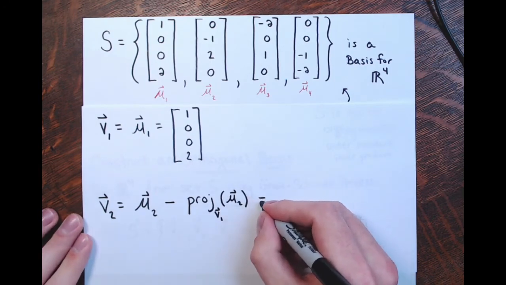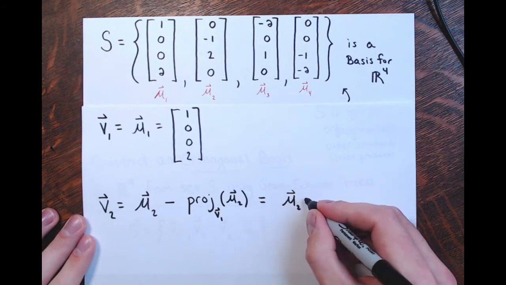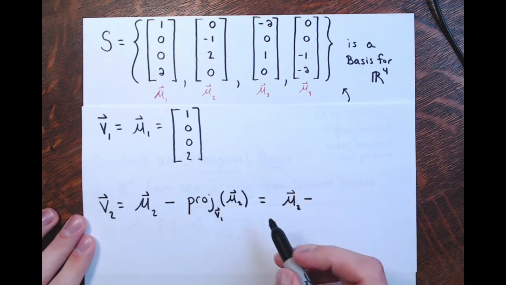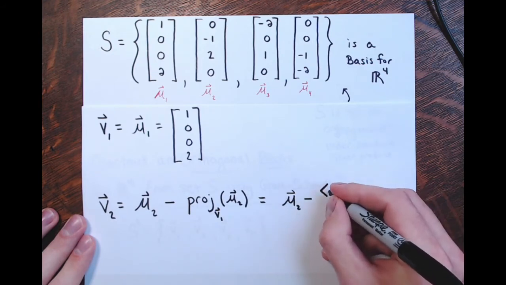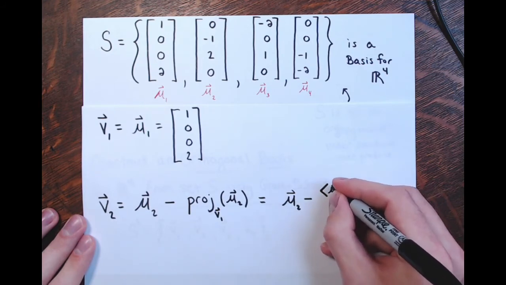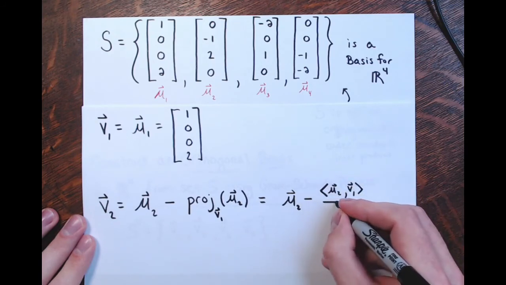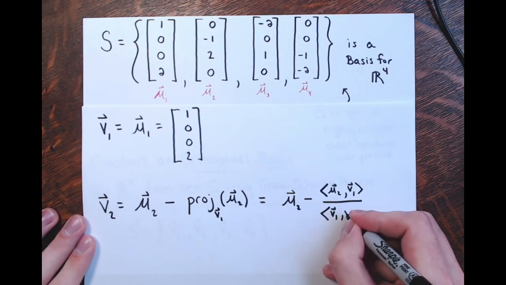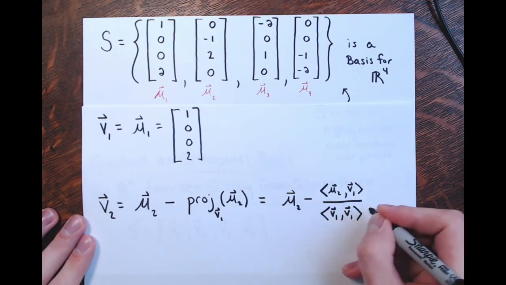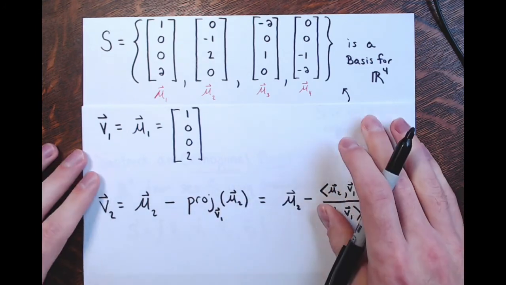Now the formula for a vector projection: you have the dot product, or the inner product, of U2 with V1 divided by the inner product of V1 with itself, times V1.